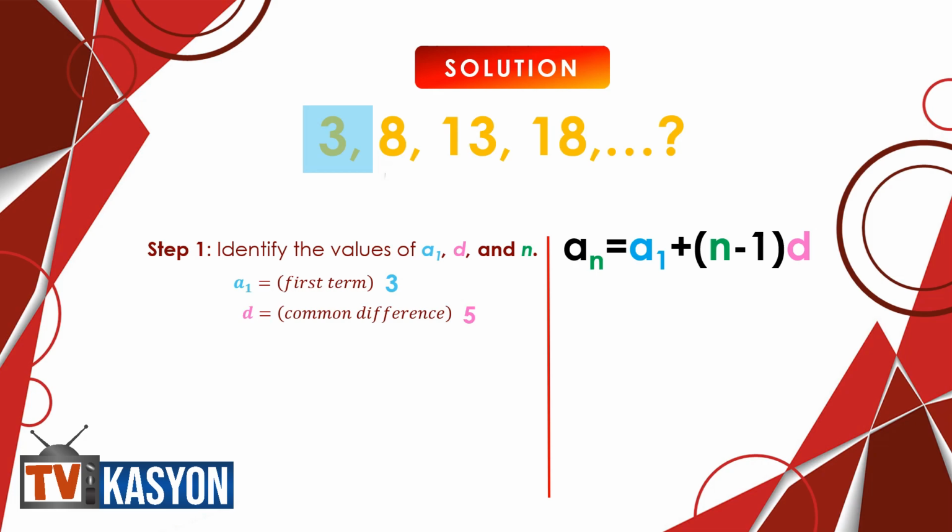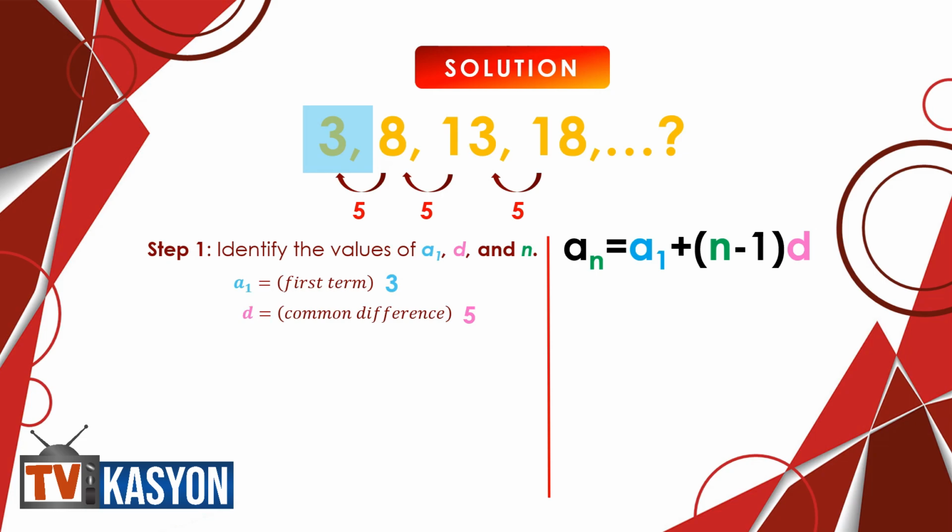Because d denotes the common difference which we can get from any two consecutive terms in the sequence by subtracting the previous term from its succeeding term. Say 8 minus 3 is 5, 13 minus 8 is 5, and 18 minus 13 is 5. Thus, the common difference denoted by d is equal to 5.